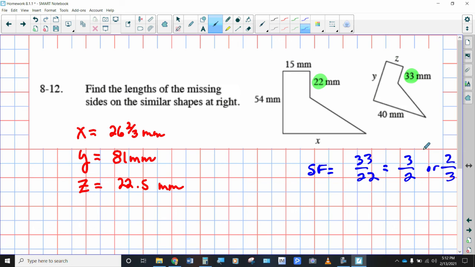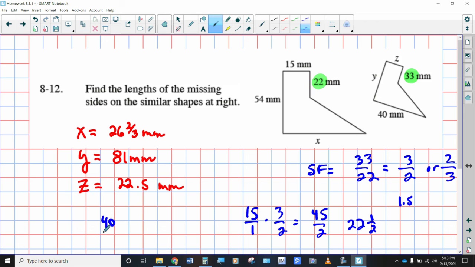And so you take 15, and I'm going to write that as 1.5. If you take this times 1.5, you end up getting 22.5, or 15 over 1 times 3 over 2 gives you 45 over 2, which is also 22 and a half. So z is 22 and a half. X, you're going to have to multiply x times 2/3 to give you, no, 40 times 2/3 would give you x.